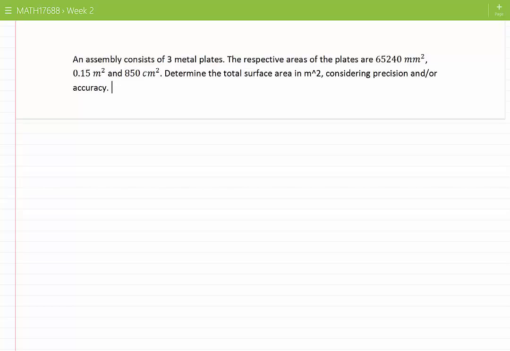Since we want the final answer in meters squared, we would convert all these areas into meters squared and then add them up. The first area, I'll call it A1. A1 is equal to 65240 millimeters squared.